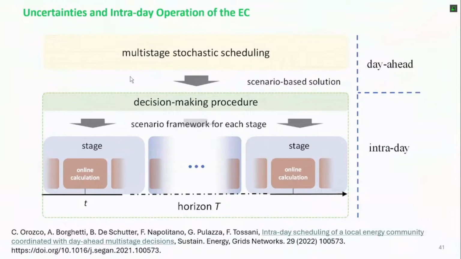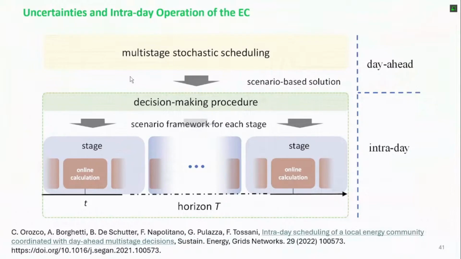What is the idea of the stage? We calculate the optimization on the previous day, but thinking that during the day the uncertainty increases, we can update our decisions during the day. So instead of taking just one decision at the beginning, we say, okay, for example, 4 stages here, at 3 other points during the day, we can update our decisions, taking into account the actual conditions in the network.